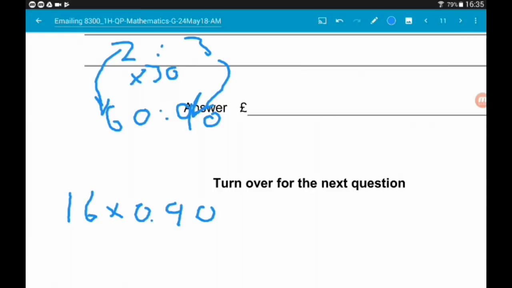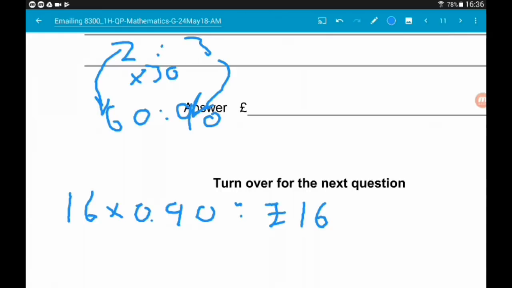So to do this, I would round the 90p up to £1 and do 16 times £1, which would give us £16, but we've rounded the cost of one arc up by 10p, and then we've multiplied that by 16.